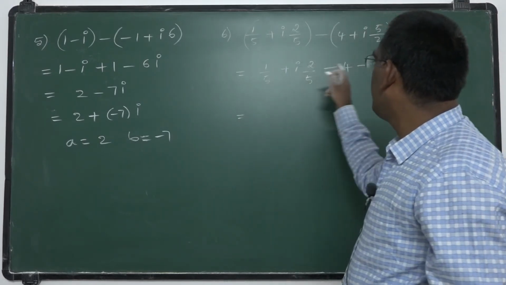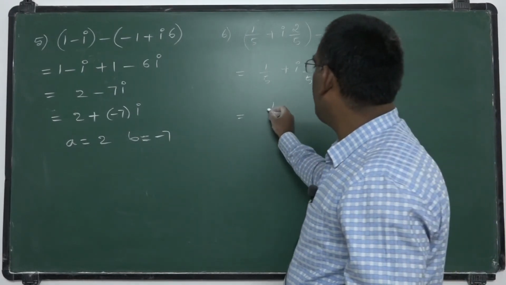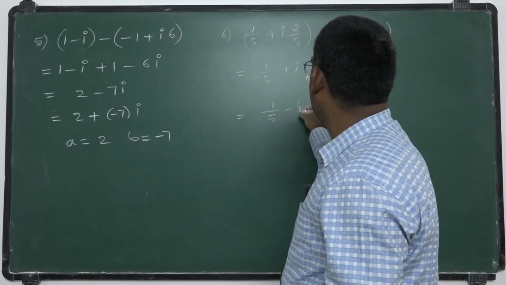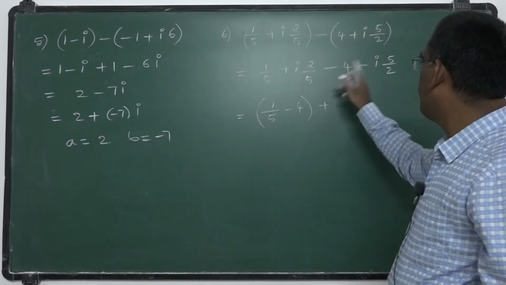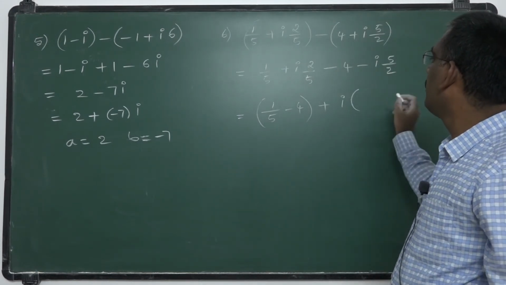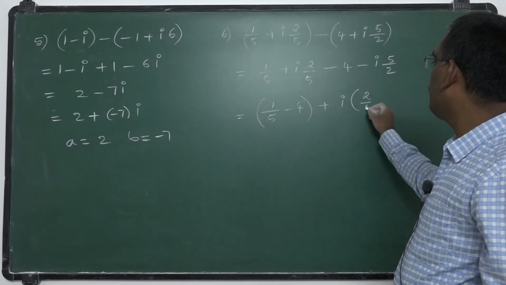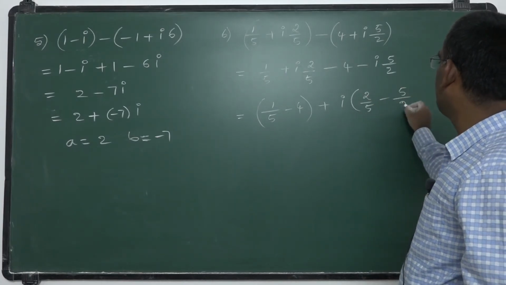So write the real numbers at one place, 1 by 5 minus 4, plus taking i in common from the imaginary numbers, i of 2 by 5 minus 5 by 2.